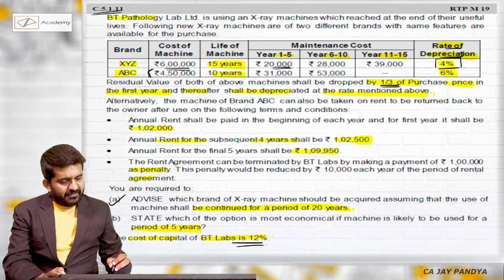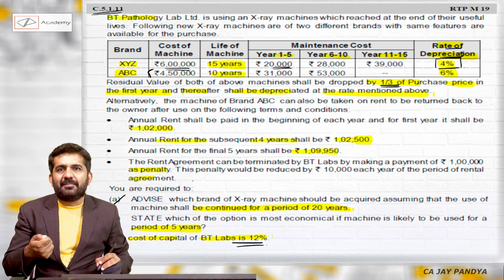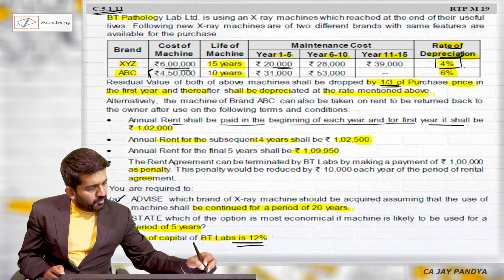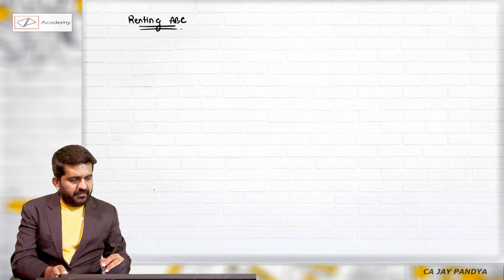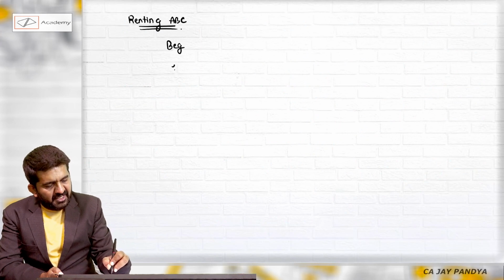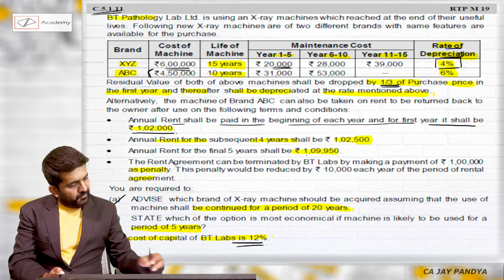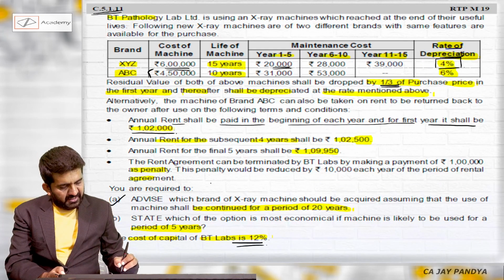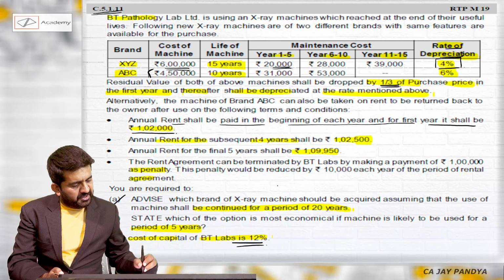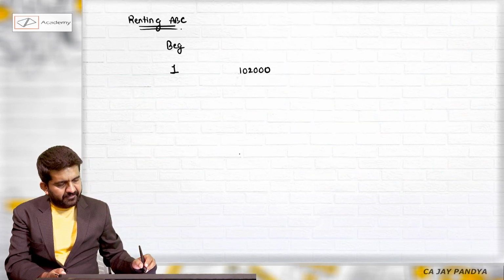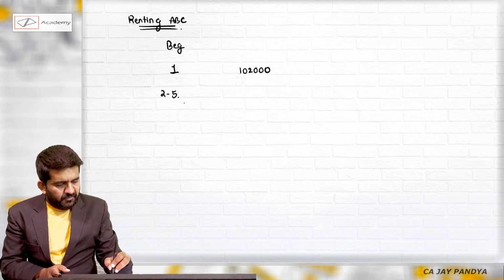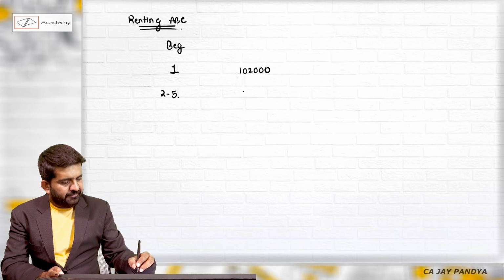If I rent ABC, today my cash outflow will be nothing, but the annual rent shall be paid at the beginning of each year. For the first year, it shall be 1,02,000. The annual rent for the subsequent 4 years, from the 2nd to 5th year, will be 1,02,500.